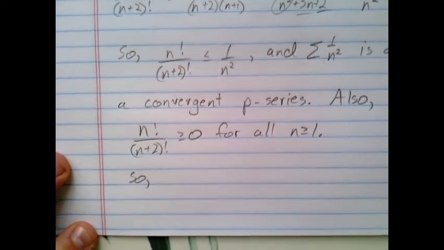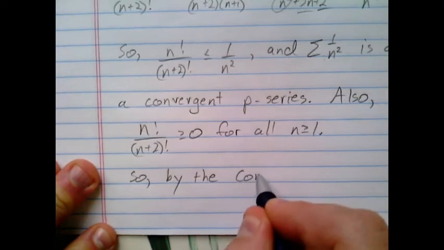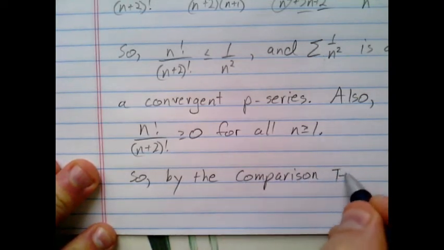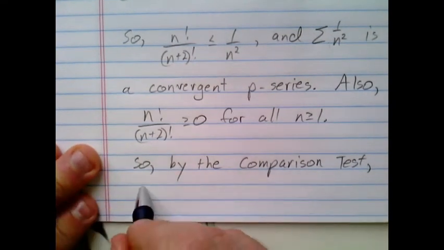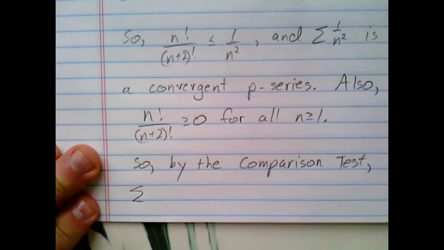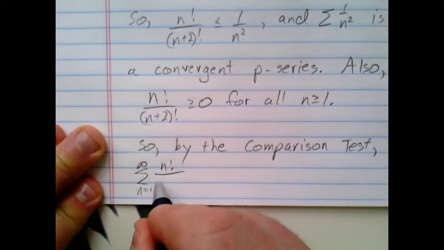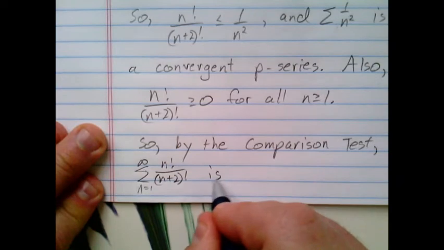So, by the comparison test, our series, whose nth term is n factorial over n plus 2 factorial, is convergent.